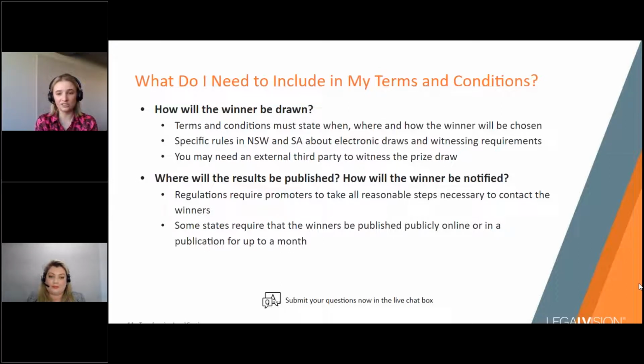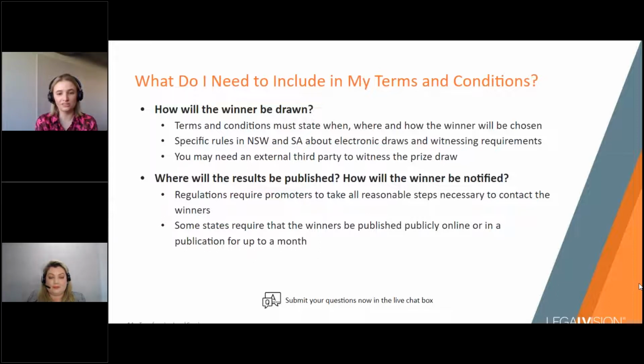Other key terms and conditions that you need to include may be a limitation of liability clause and a privacy policy to set out how you're using entrants' personal data. These are a few of the details that we need to consider before preparing a set of terms and conditions to make sure that your trade promotion is compliant.